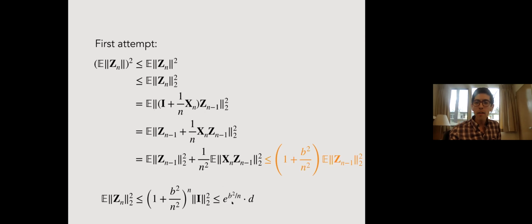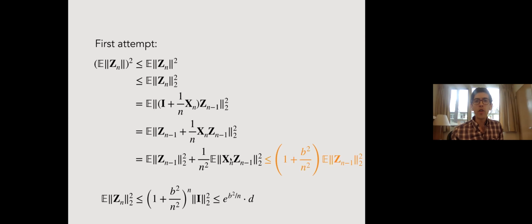So instead of b squared over n up top, I just get b, and so I get nothing good. This savings really comes from the fact that I can do this further decomposition. I get a quadratic dependence on n instead of a linear dependence on n, so that when I multiply n of these terms together, it's still small. Whereas if I had a linear dependence on n, then when I multiplied this n times together, I would get something that doesn't decay with n. I would get something of order e to the b. So that's the essential point here.